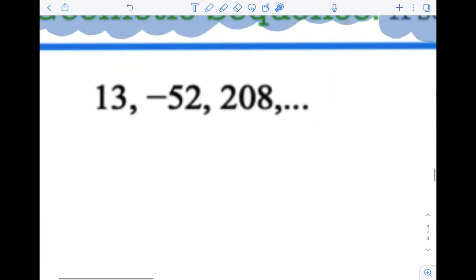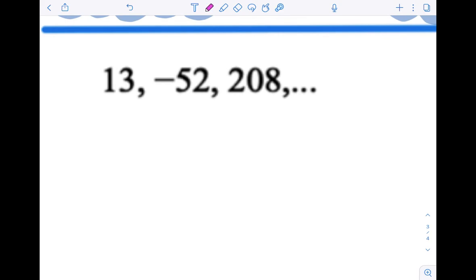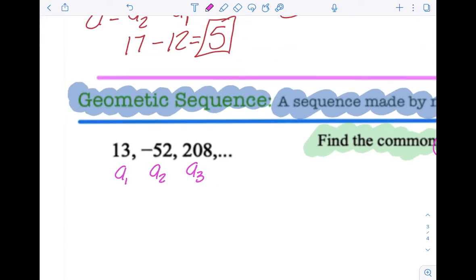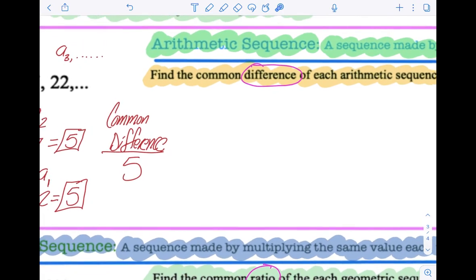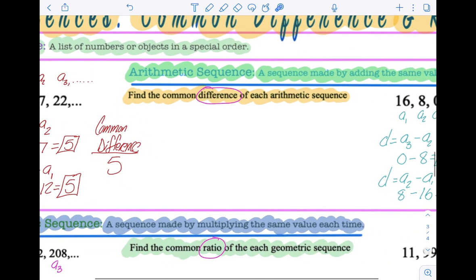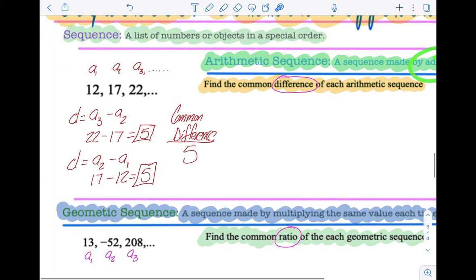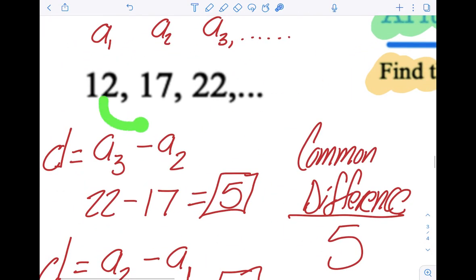So let's take a look here. Just like arithmetic, we're going to say first term, second term, third term. Now, for arithmetic, we were trying to find what we are going to add. How much are we adding from 12 to get to 17? How much are we adding to get from 17 to 22, right?